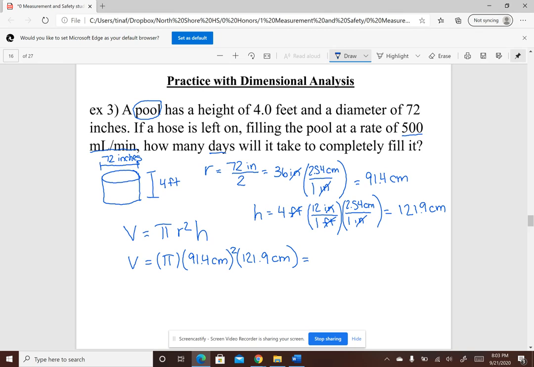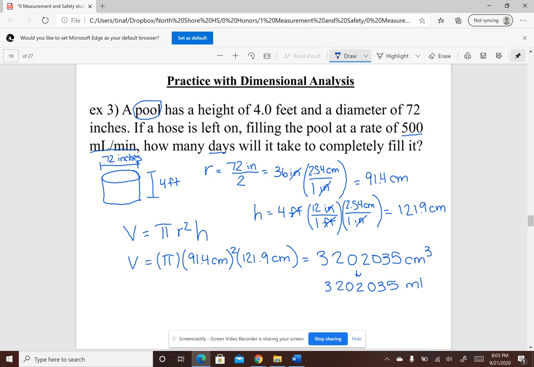And when you multiply those three numbers together, you get a really big number, in centimeters cubed. Okay? Because 1 centimeter cubed is equal to 1 milliliter, I can also say that the swimming pool has a volume of that many milliliters.